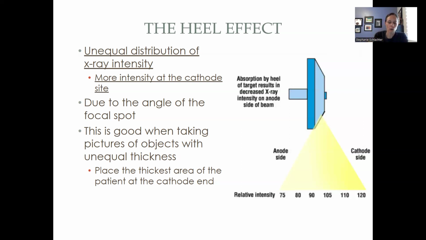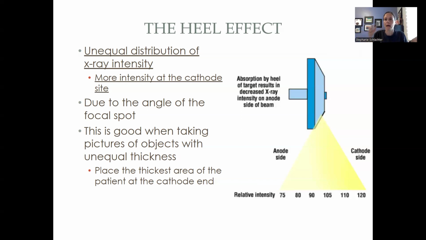Okay, so we can actually use that to our advantage. So we can know that, hey, X-rays are stronger on the cathode side. We're going to put the thicker part of our patient on that side, okay, so that it ends up kind of equaling out, right? Not everything we radiograph is perfectly the same thickness all the way across, right?